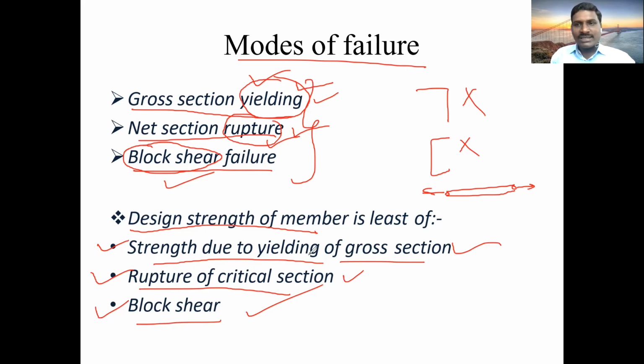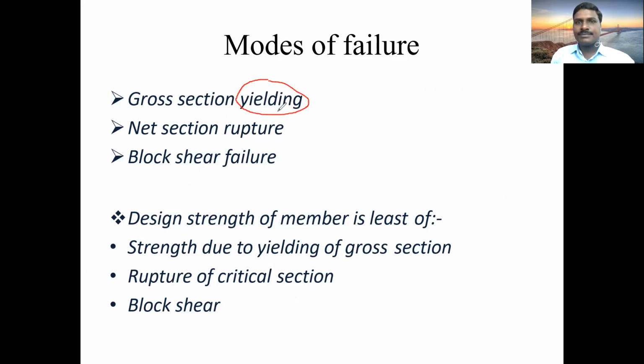So what is yielding? How will the member fail due to yielding, due to rupture, and due to block shear? That we will see again. Modes of failure means your tension member will fail due to yielding, rupture, and block shear.